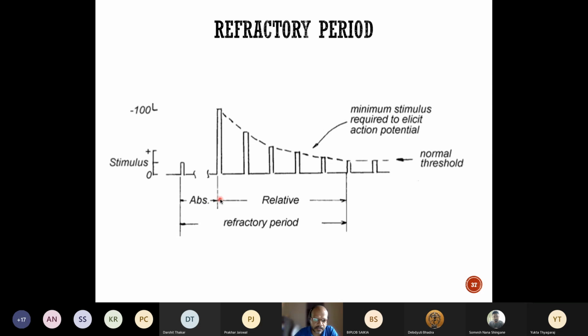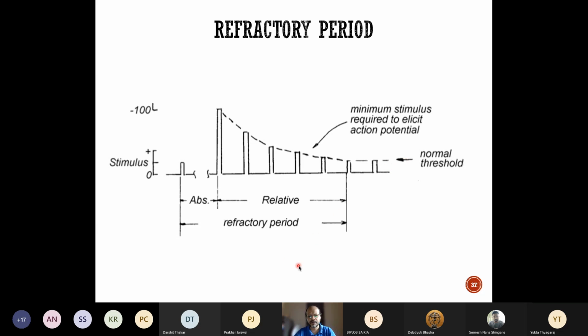So there's an absolute refractory period, which means it doesn't matter how strong the stimulus is, it won't generate another action potential. After that, you get into this relative refractory period where you need to inject a very large current in order to generate another action potential. And over time, it will go back to the normal threshold.